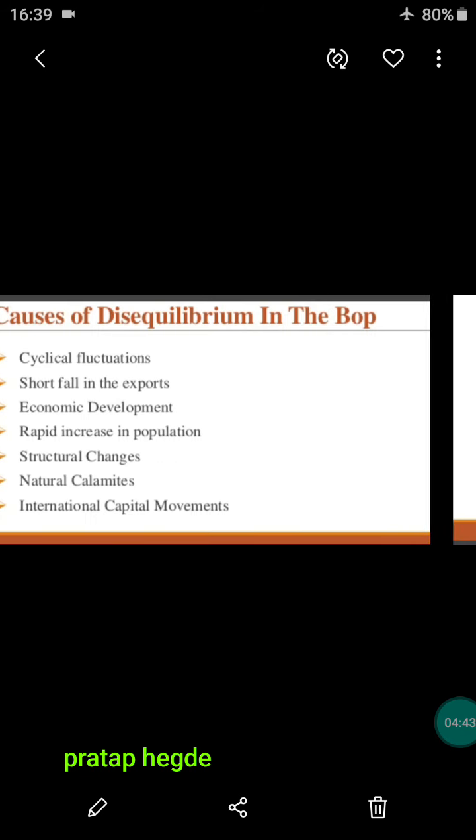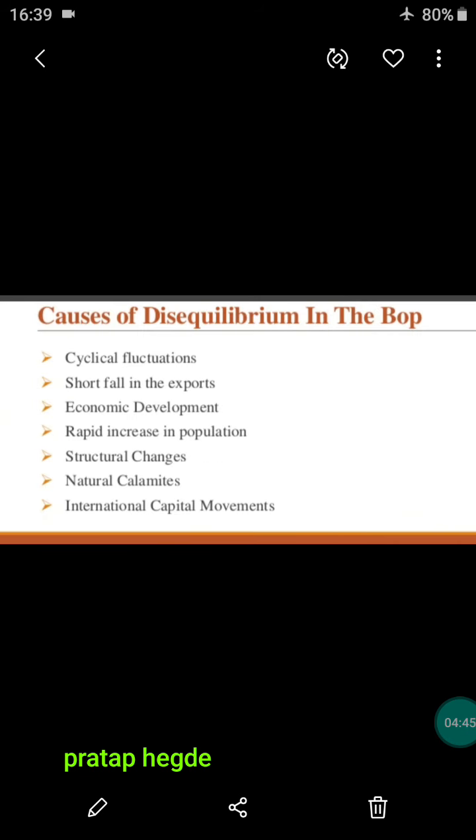Now what causes the disequilibrium in the balance of payment? There are many reasons for which a country's imports are greater than a country's exports. Let us study all those reasons here. The first one is cyclical fluctuations.